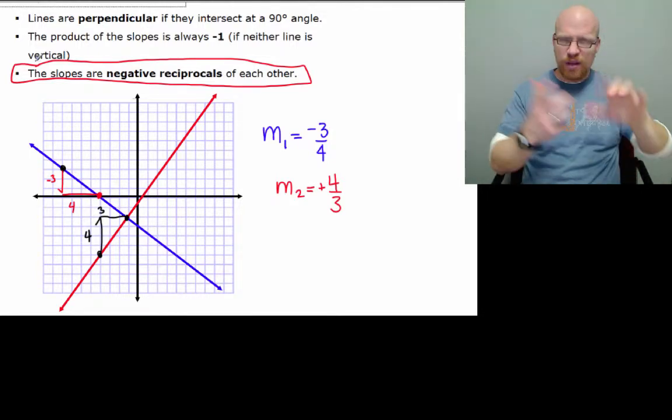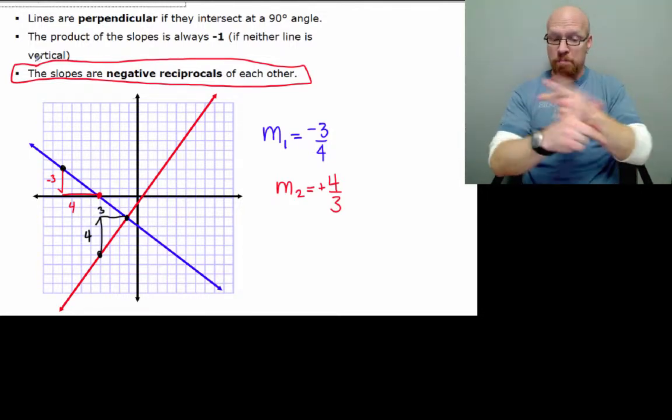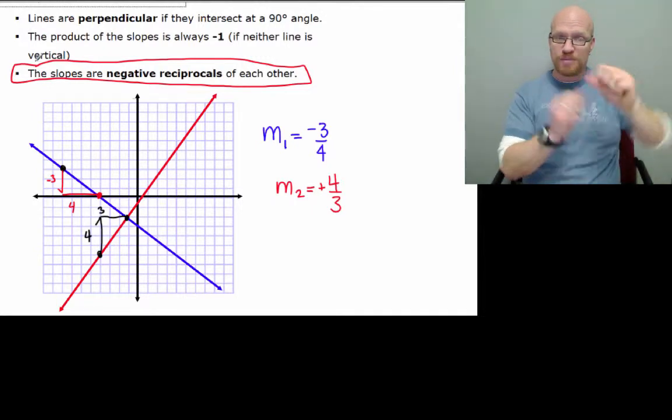But if that's confusing, one way you can do also is multiply the two slopes together.